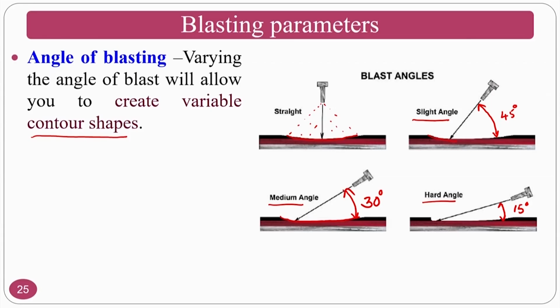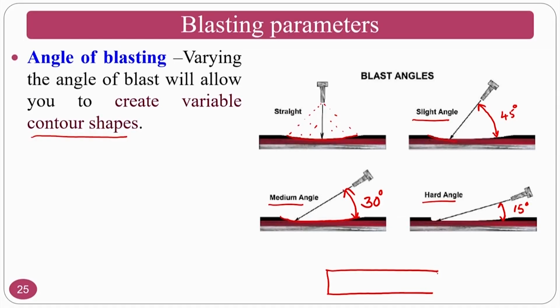At the same time, inclination also helps in delaminating. Assume I have a particular surface with a coating, and I don't want this coating for certain applications. This is my workpiece and this is my coating. In that circumstance, if I want to delaminate, I just go for a hard angle.